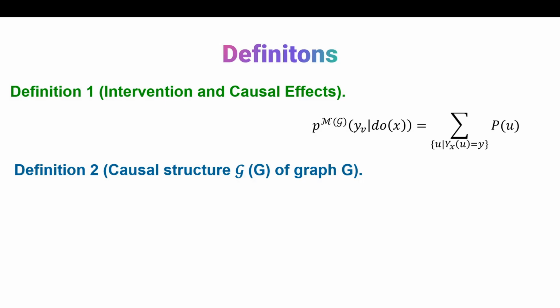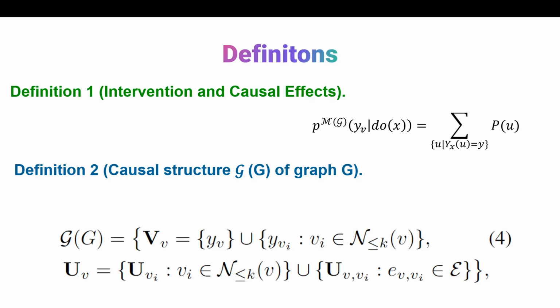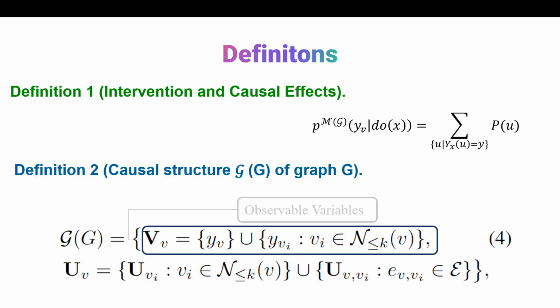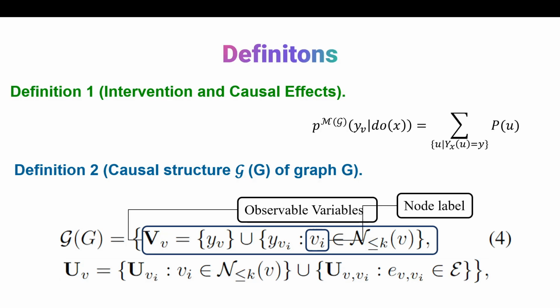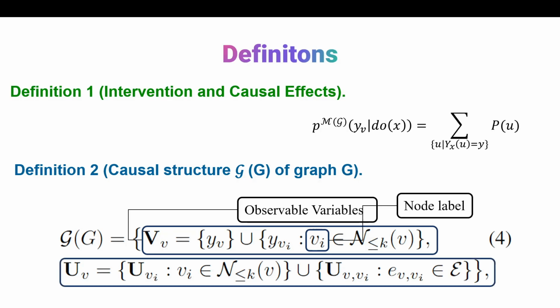It is the union of the set of observable variables V, which are based on the node labels, and the latent variables U, which you can see are the latent variables for node effects and edge effects.